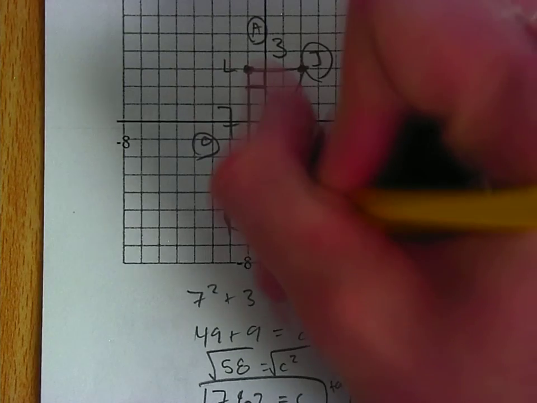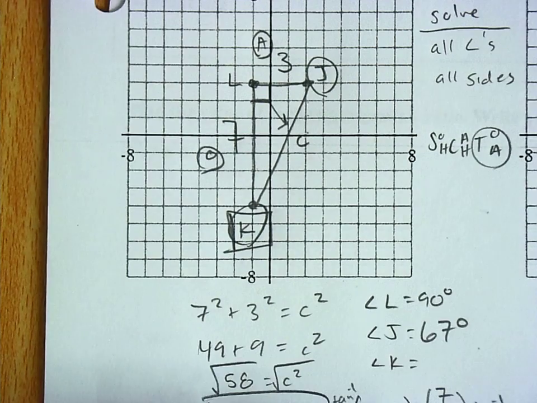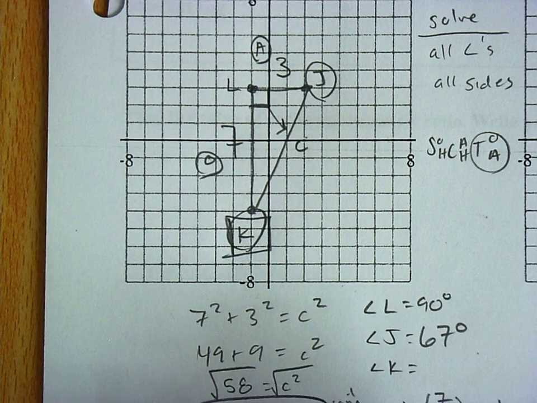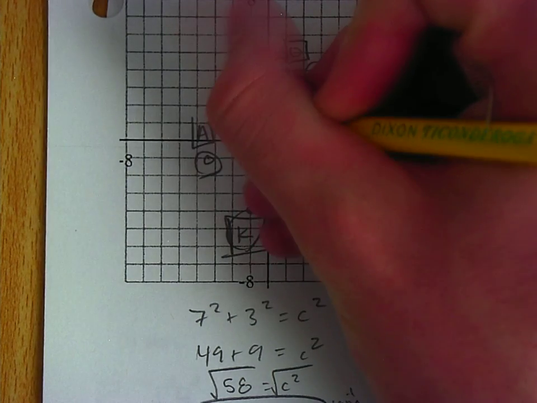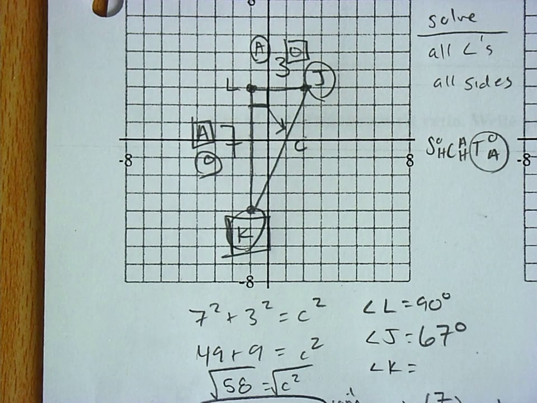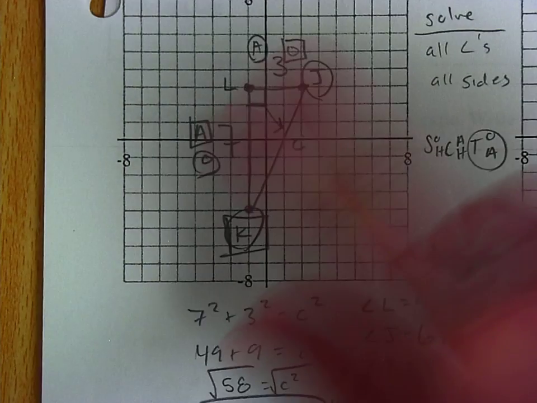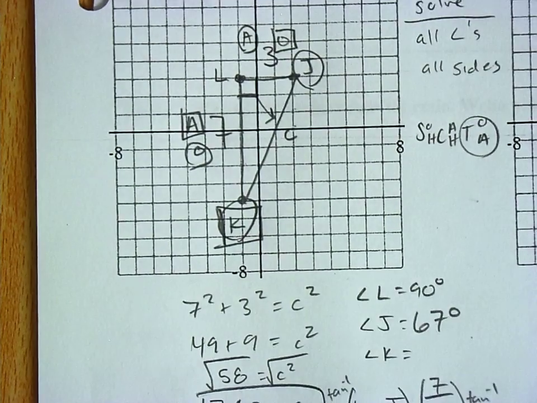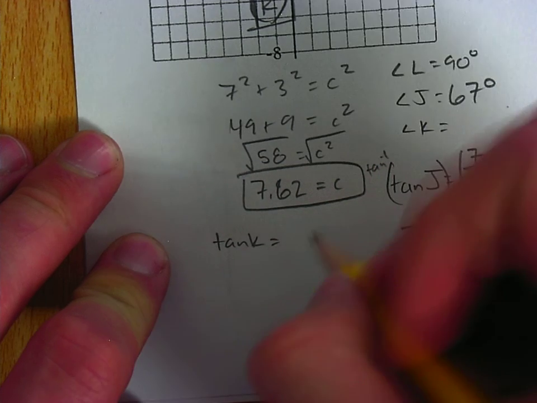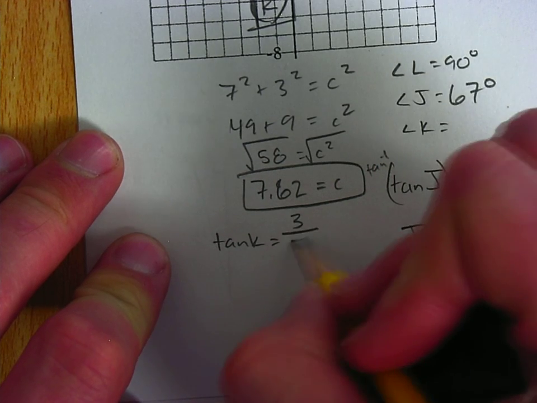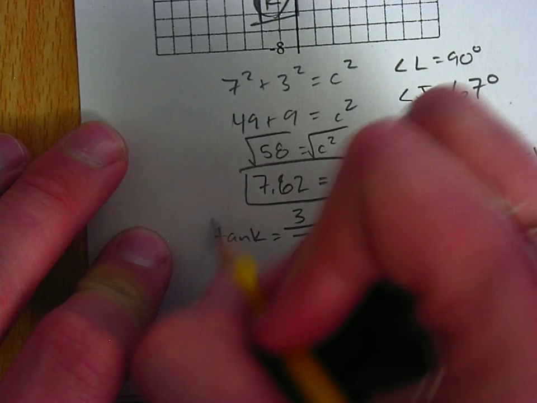Well, to find K, we can do the exact same thing. I'm going to put that in a box. Never put K in a box, but you know. This side 3 is opposite, and this side 7 is adjacent. So we're just going to use tangent again, but it's going to be flipped. The tangent of K is opposite 3 over adjacent 7.